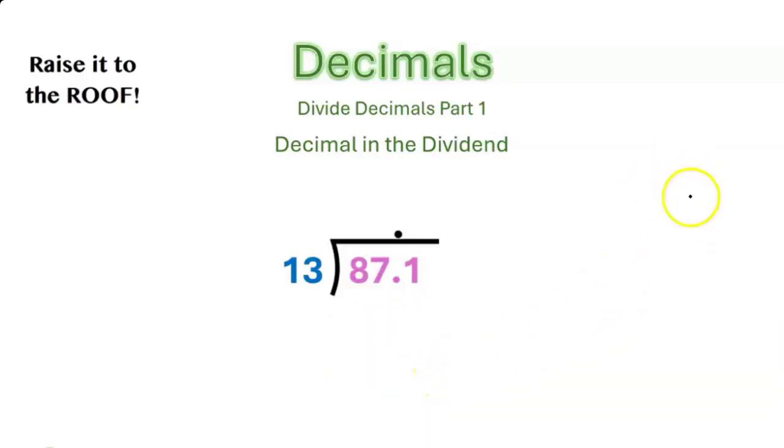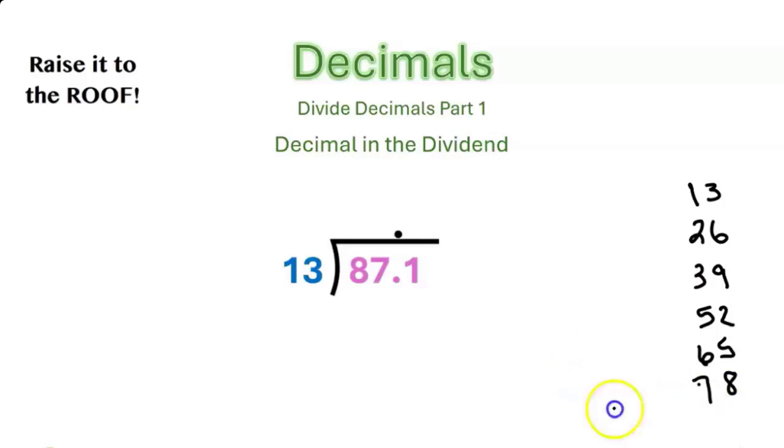So I'm going to go over here and say, well, there's 13, 26, 39, and 52, and then 65, and 78. It looks like 78, because if I go 13 more, that's going to put me over 87. So 1, 2, 3, 4, 5, 6. 13 goes into 87 6 times, and that equals 78.